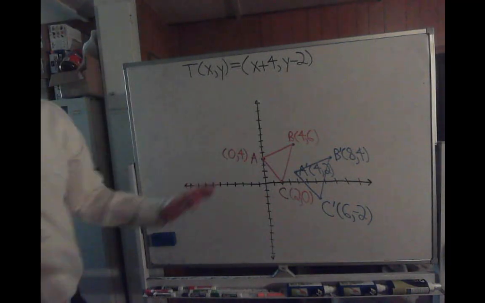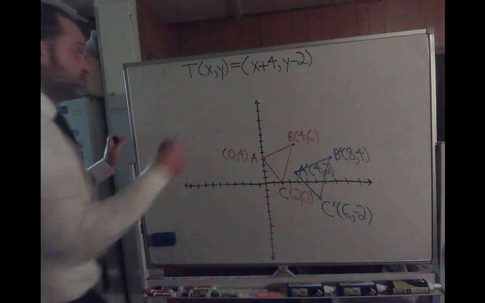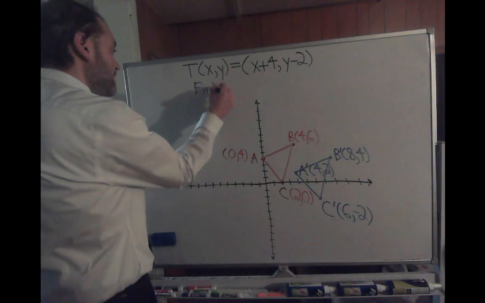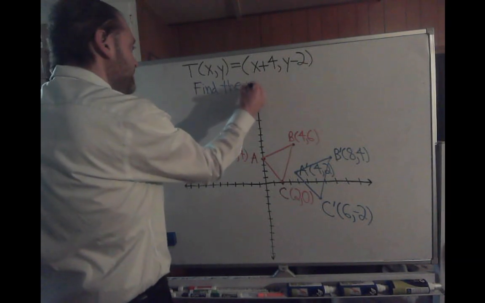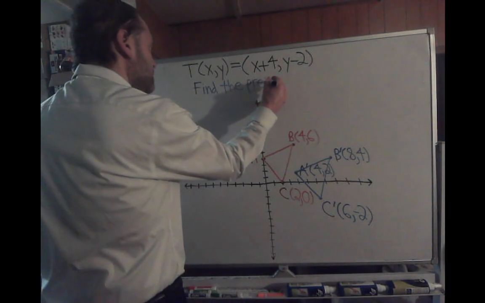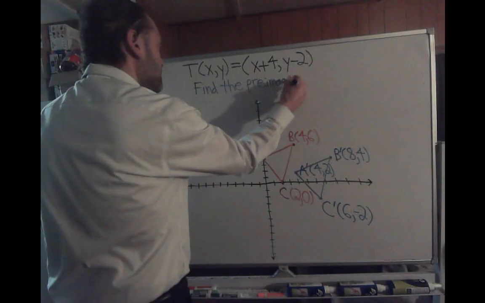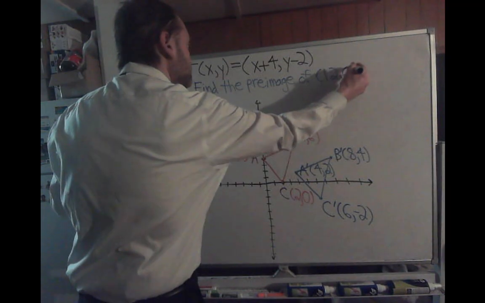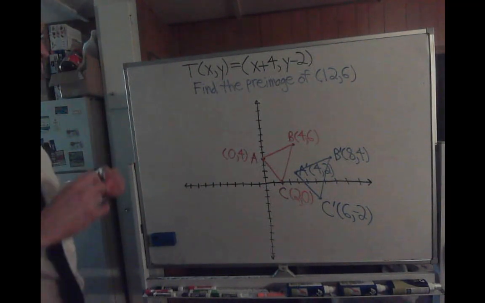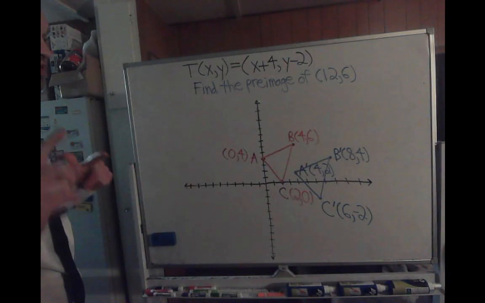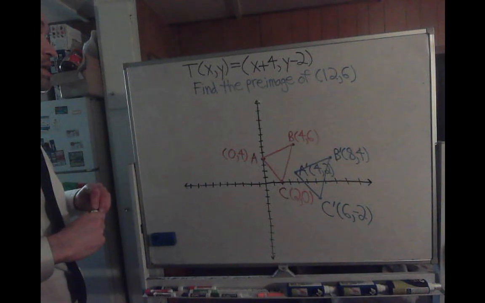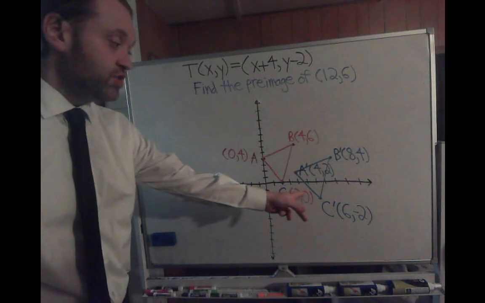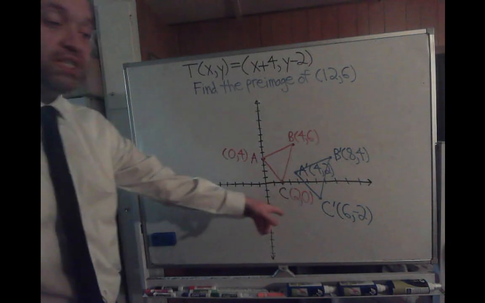Now, we've done that. We need to find the preimage of 12, 6. Alright, so if we're going to be at the point 12, 6, right? For the preimage, because so far we've taken the image of each of these points and got the new shape, A prime, B prime, C prime.